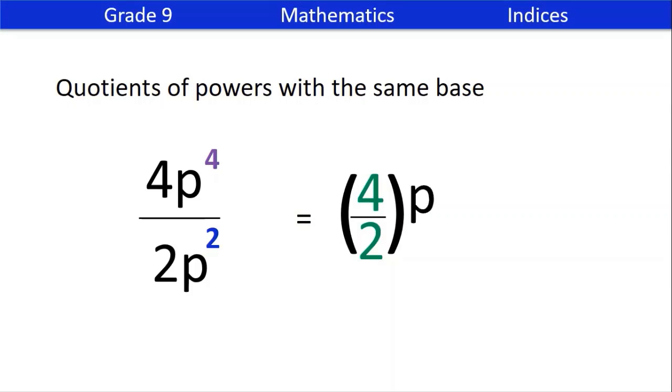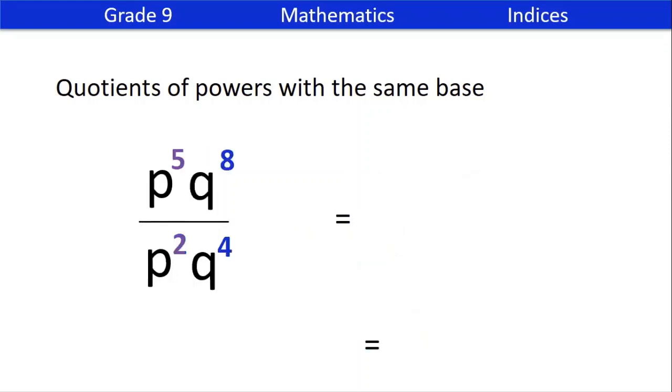So here the base stays p and the index of the answer becomes the difference of the two indices. That means 4 minus 2. So finally, 4 divided by 2 is equal to 2, and 4 minus 2 is equal to 2. So the answer is 2p to the power 2.